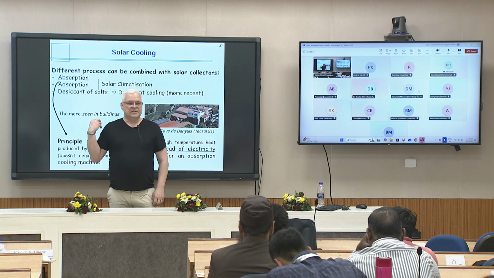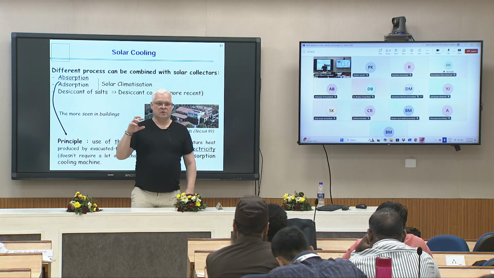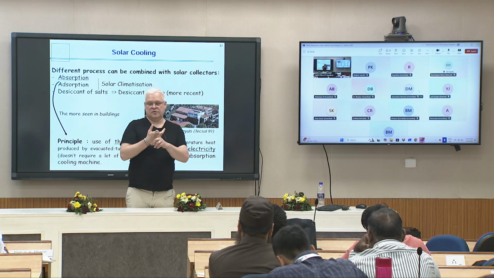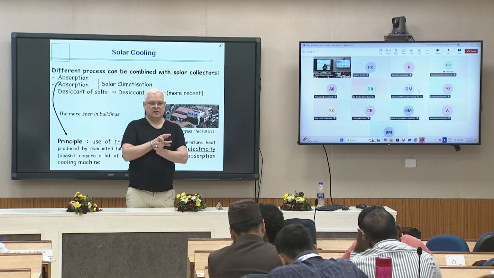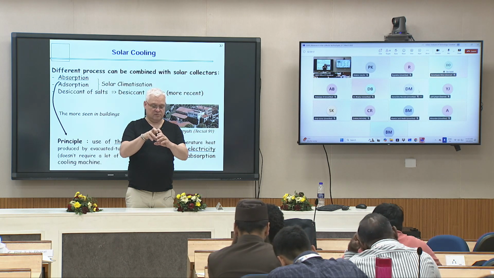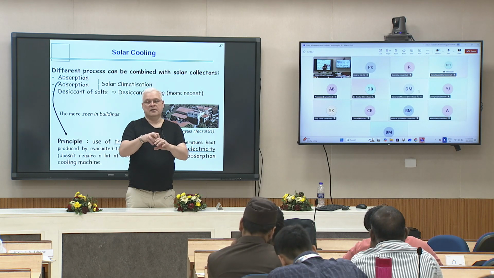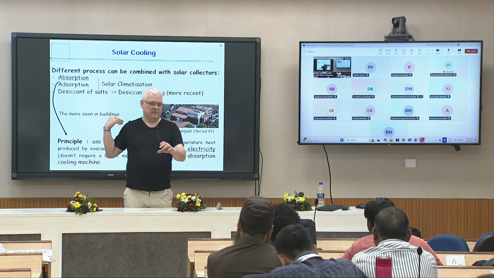The objective of this machine, adsorption and absorption, is that you have the same three components: evaporator, pressure loss, and condenser. The principle of this machine is to replace the place where you are consuming electricity, so it replaces the compressor by the equivalent with this phenomenon.